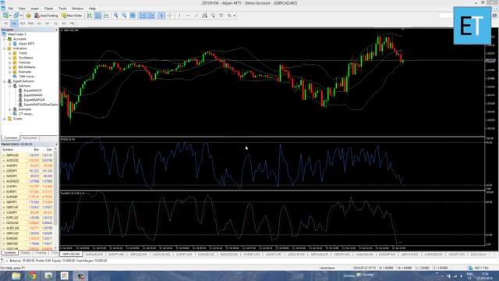In this strategy, I'm looking for a crossover in the Bollinger Bands. Also, I want the RSI to hit the levels of 90 or 10. And with the Stochastic, I'm looking for a crossover on the right hand side, preferably below or above these markers of 80 and 20.